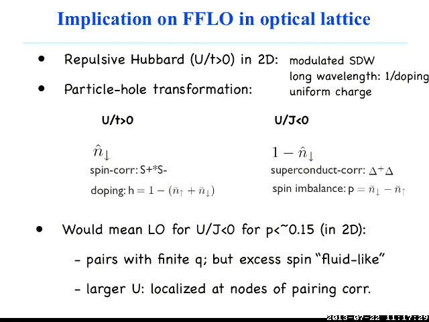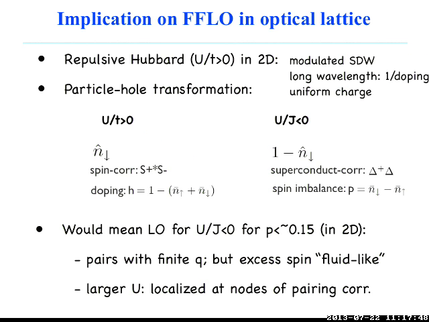And there are people interested in optical lattices with negative U interaction. Because of a particle-hole symmetry mapping, it turns out the repulsive Hubbard model maps into the attractive Hubbard model with a spin particle-hole transformation.